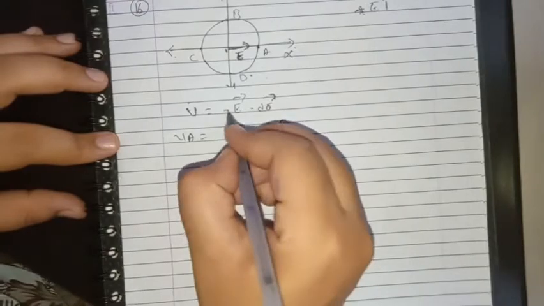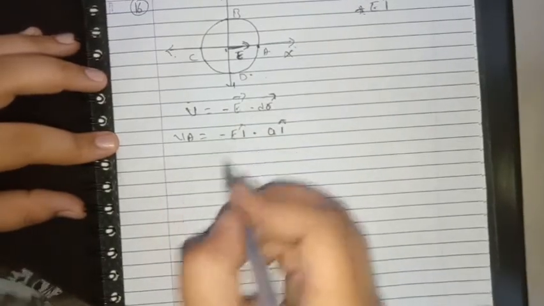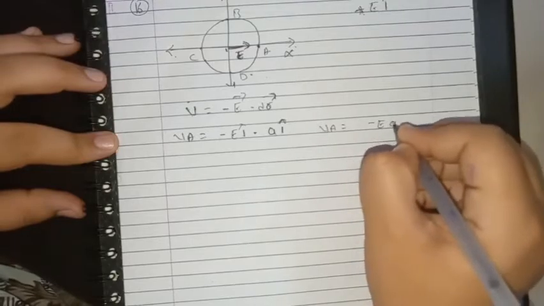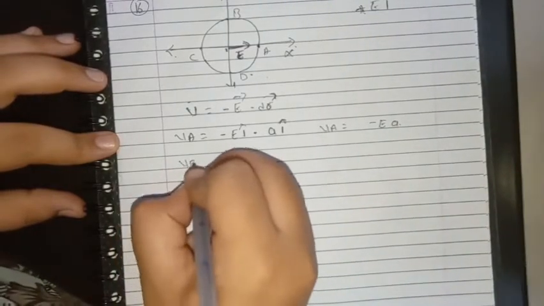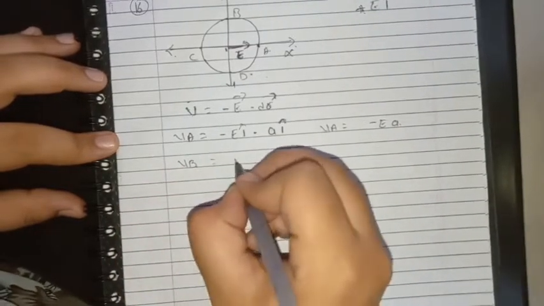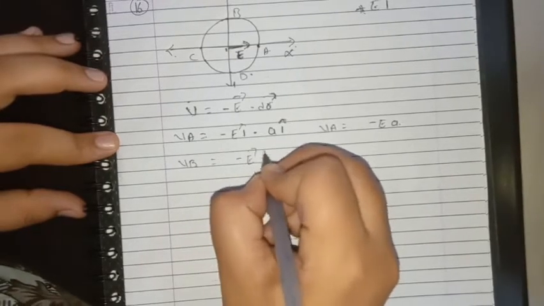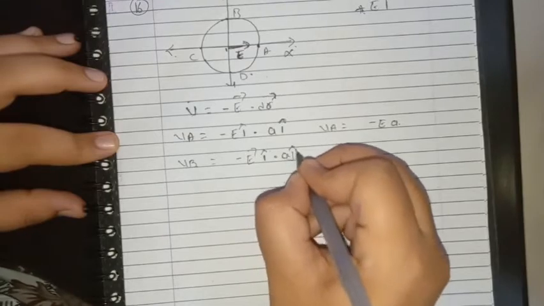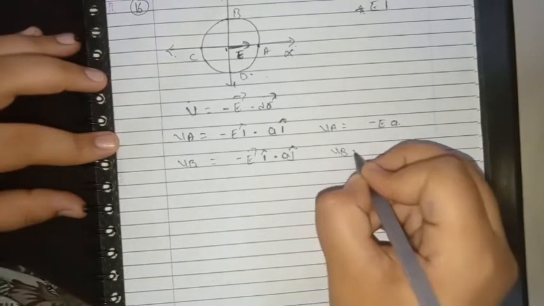But potential is minus E dot dr, so there will be a negative sign over here, so VA will be minus EA. Potential at B can be written as minus E i cap dot A j cap, so this will be 0.